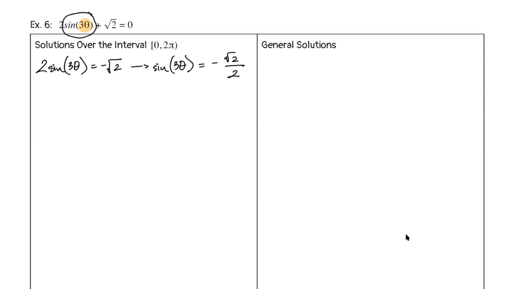All right. So with this particular question, can someone tell me one location where 3 theta could possibly be?